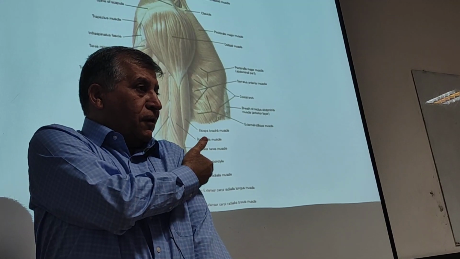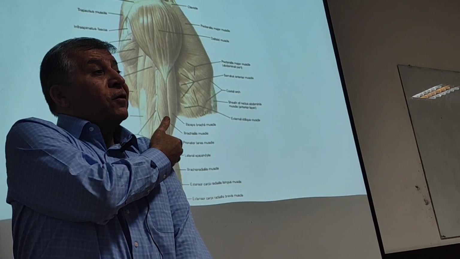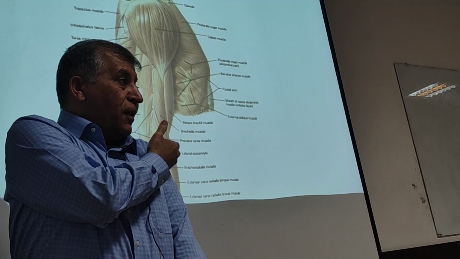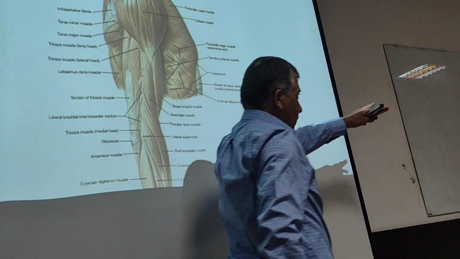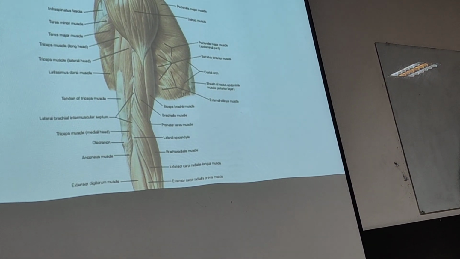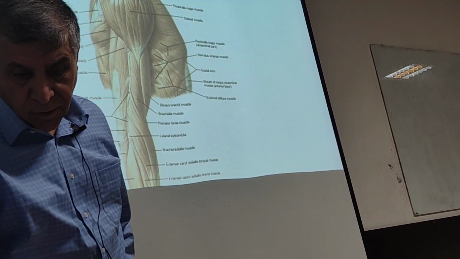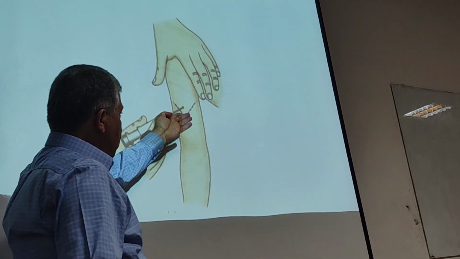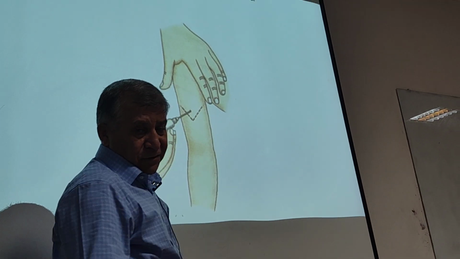The lower part, because the upper part is very dangerous. Deep to the upper part of the deltoid, you can see the axillary nerve. The lower part is safe. In this figure, you can see the lower part is safe and the upper part is dangerous.